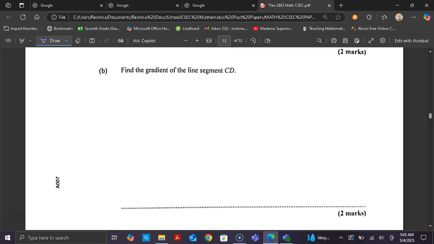For 2 marks, find the gradient of the line segment CD. So I'm going to use little m this time, common m, to find the gradient. And the gradient of a line formula is y2 minus y1 over x2 minus x1.